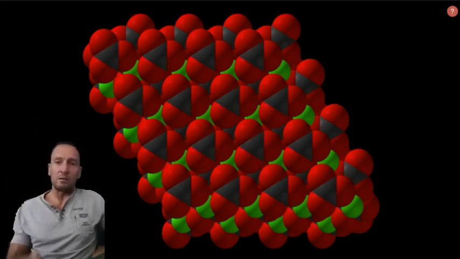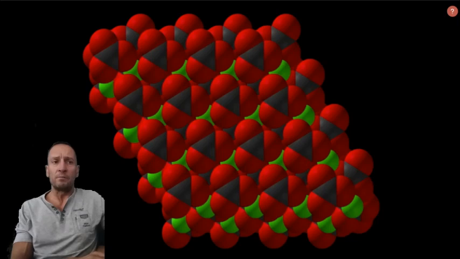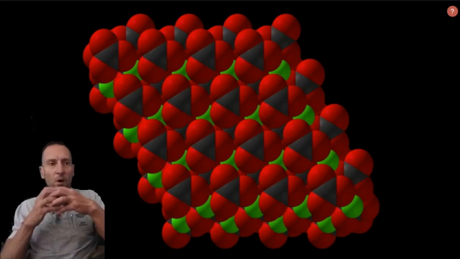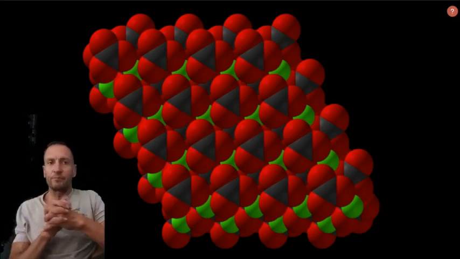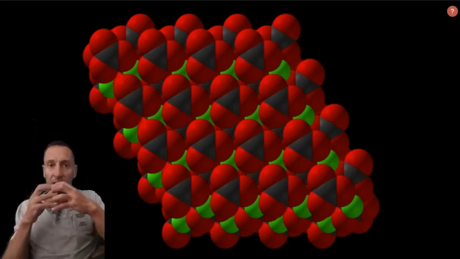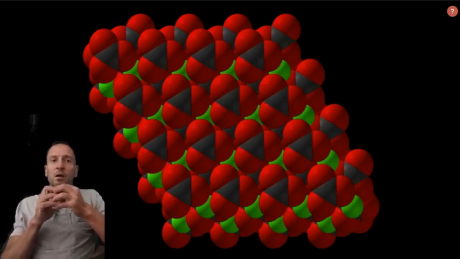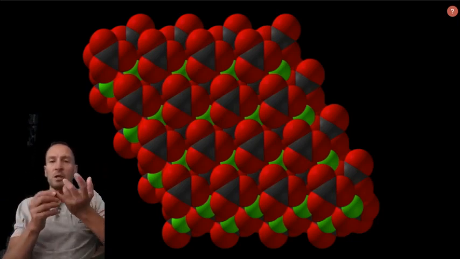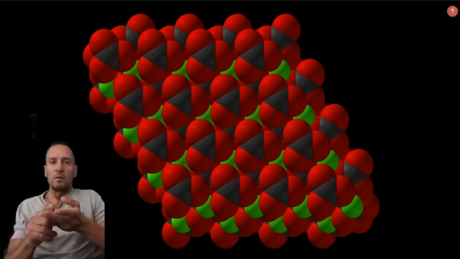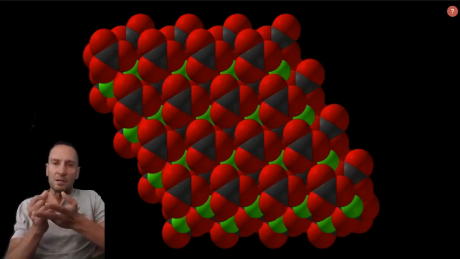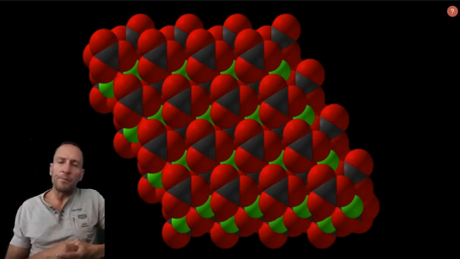Calcium carbonate, stone, is also an ionic compound. You can see there is no covalent bonding, always lattice here. You've got oxygen, you've got carbon, and you've got calcium. Why is stone not dissolved, but salt is dissolved?